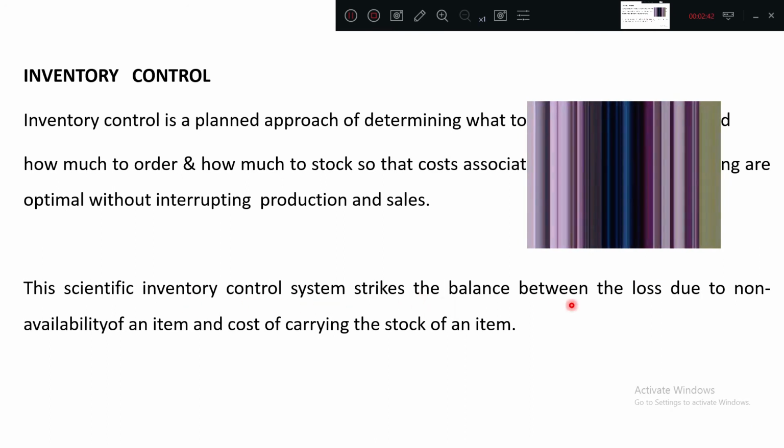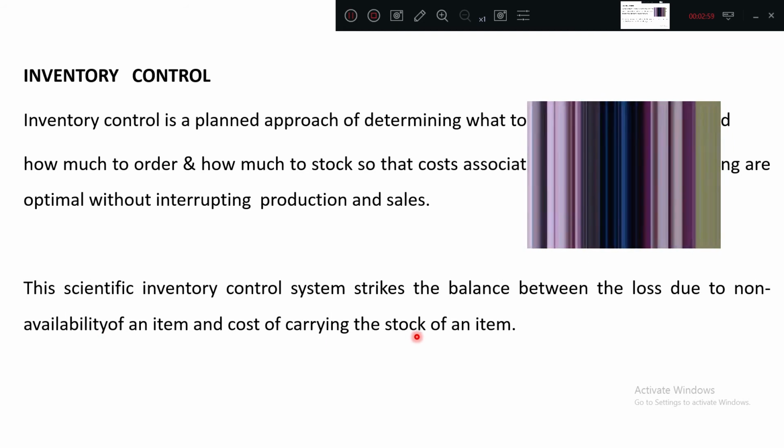The scientific inventory control system strikes the balance between, means what? There are two things, and those two things should be in balance. One should not be very high with respect to the other. What are those things? Loss due to non-availability, one thing; cost of carrying of stock. If cement is not there, what is the cost incurred of idle sitting of labor? That is one thing.